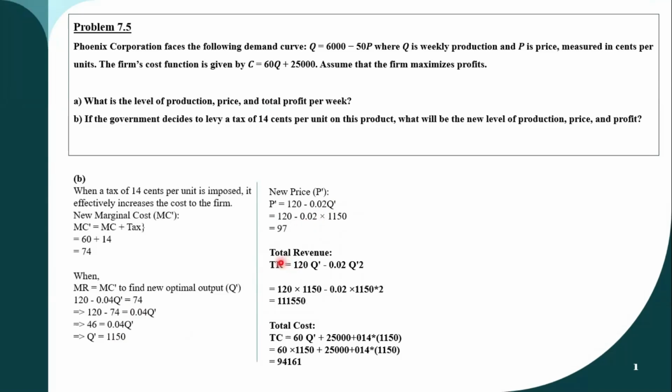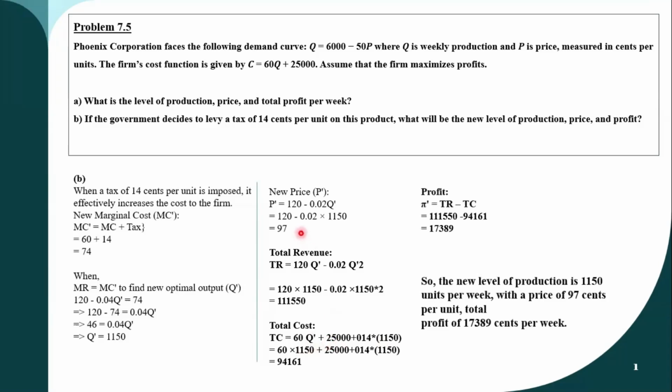After this, we can also find the total revenue, TR equals 120Q bar minus 0.02Q squared. If we put in the value of Q bar, then we see the value of TR, which is 111,550. And total cost TC equals 60Q plus 25,000 plus 0.4 into 1150.